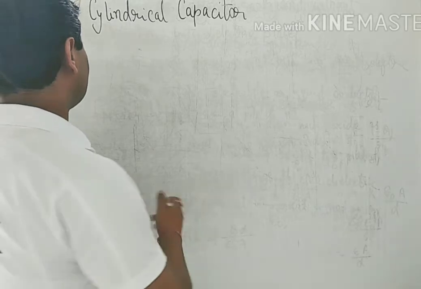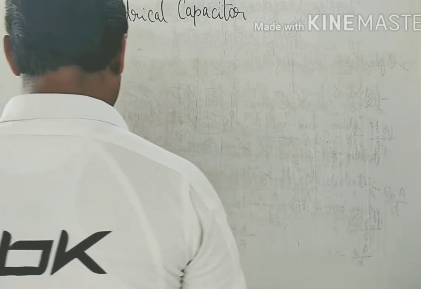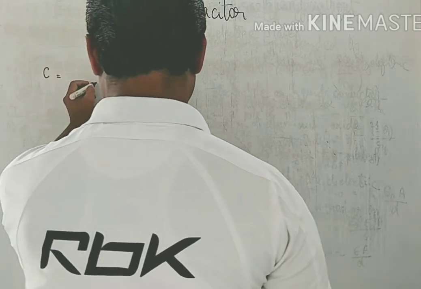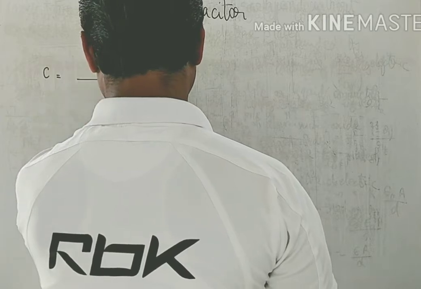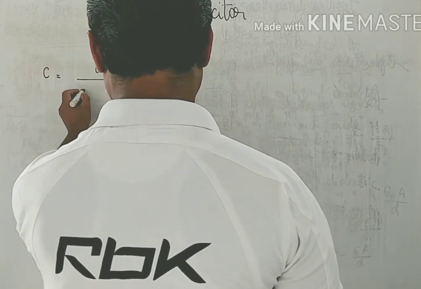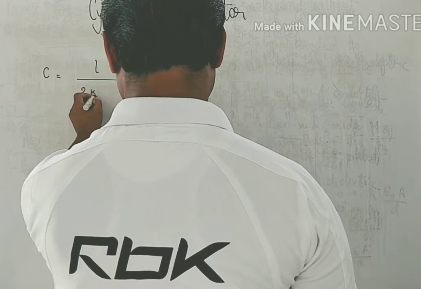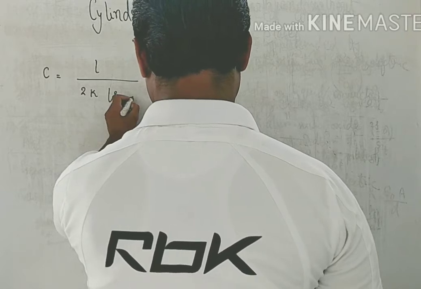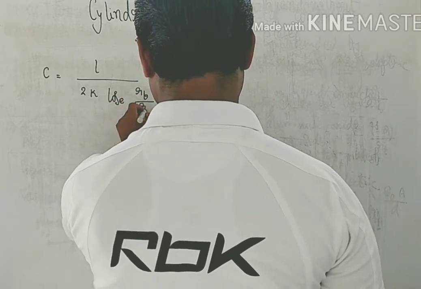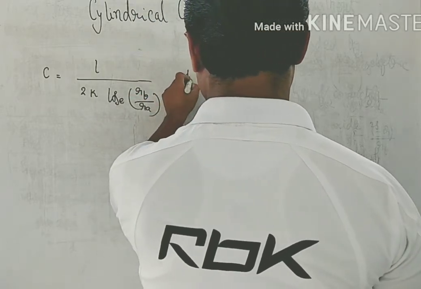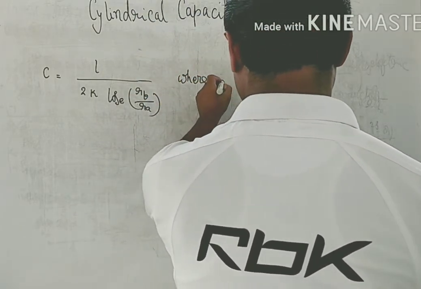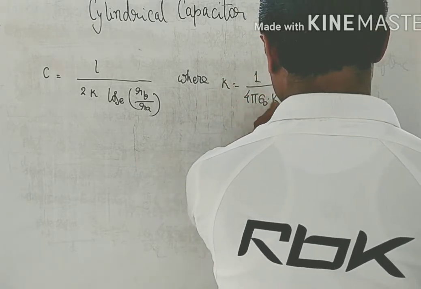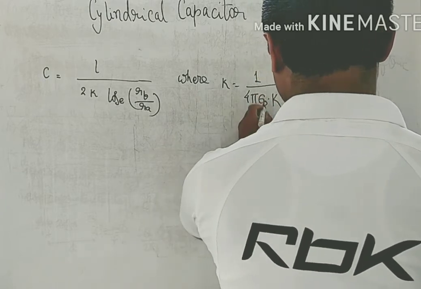So this way the cylindrical capacitor is formed, and now the capacitance of such a cylindrical capacitor can be written as C equals L upon 2 K log base e RB upon RA, where K equals 1 upon 4 pi epsilon naught into capital K, the dielectric constant of the medium.